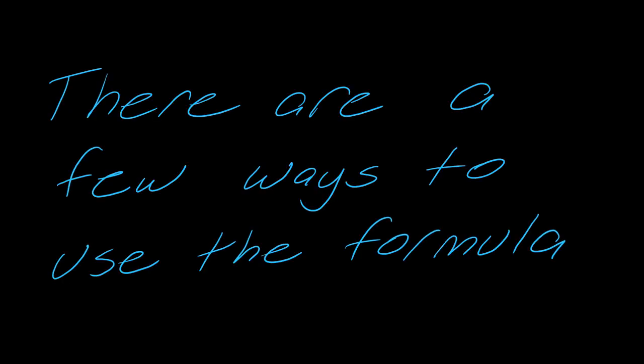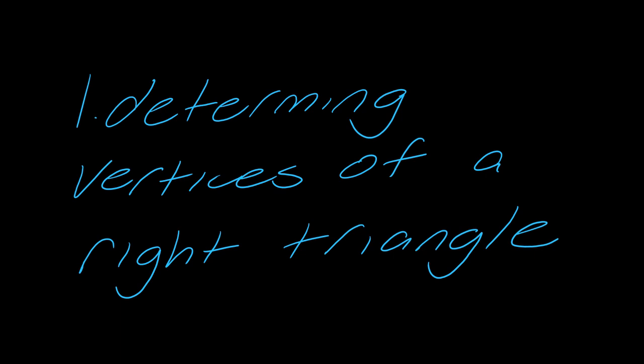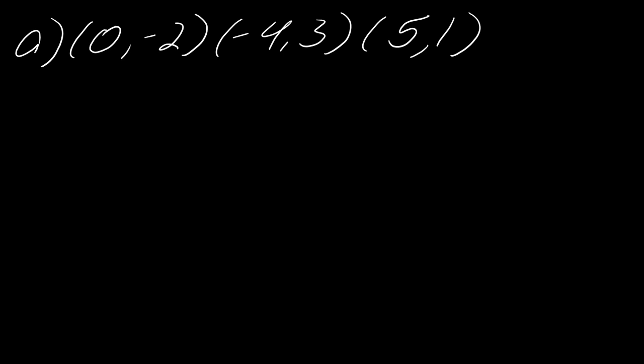There are a few ways to use the formula, though, that maybe are not as straightforward, or you've got to think about it a little bit. So the first way I want to talk about is determining vertices of a right triangle by using the distance formula. So let's say in this case now I've got 3 points. So what I have to do here is first find the distance between each pair of points.